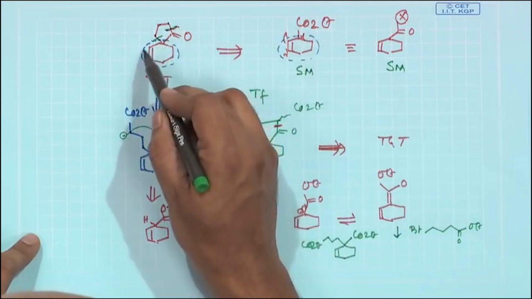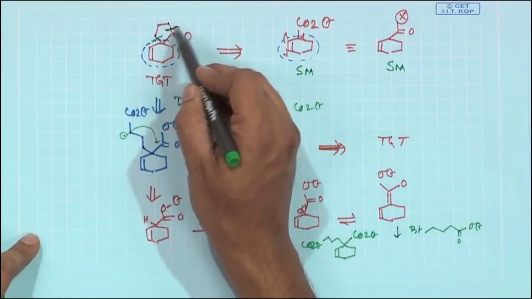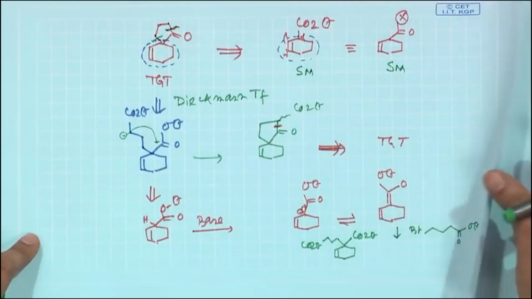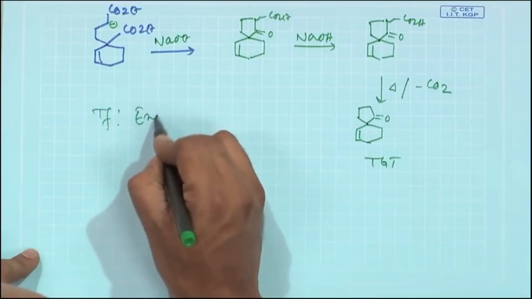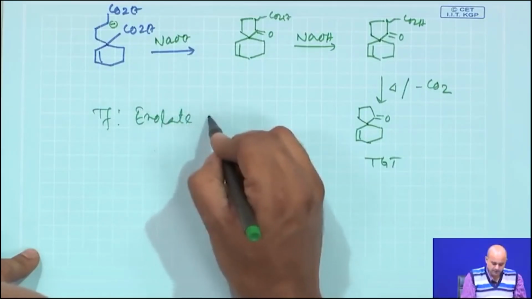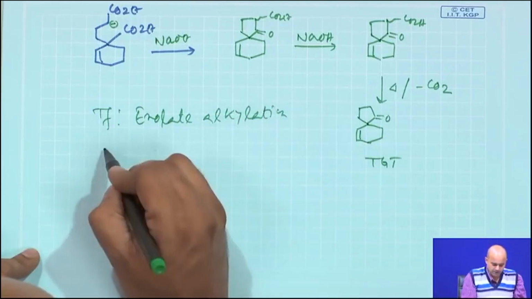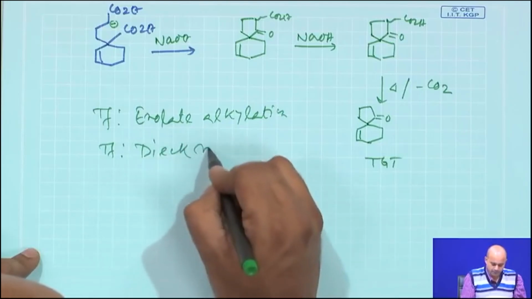So, this entire part, this part as well as this part was given to you, and then you make 2 new carbon carbon bonds. The transformations which you basically use in the entire thing, we do an enolate alkylation, and in addition you do another very important transformation, Dieckmann transformation.